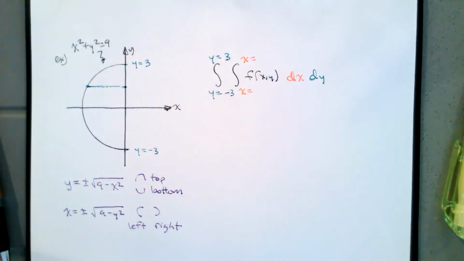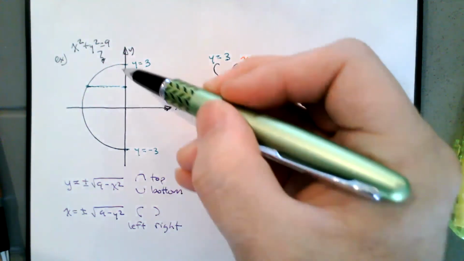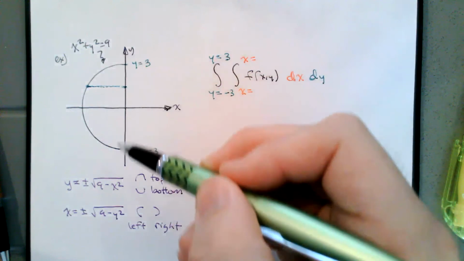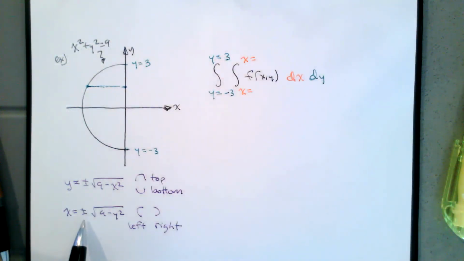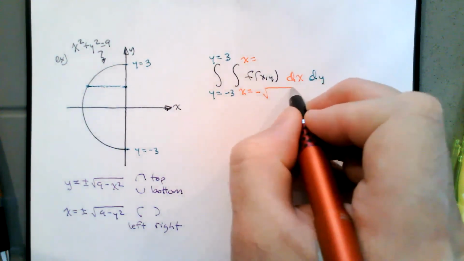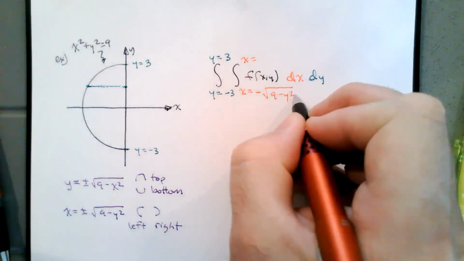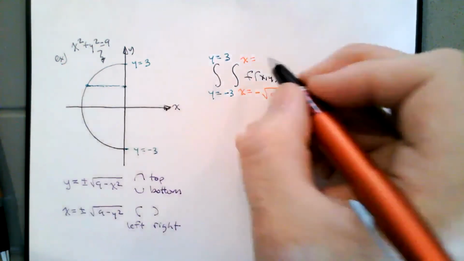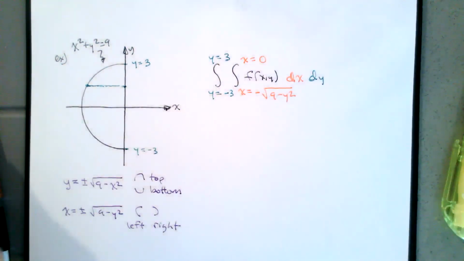The lowest x is on the circle, and for all these values of y, I can just say x is negative square root of 9 minus y squared. It's always the left part of the circle. So the lowest value of x is on the circle, negative square root of 9 minus y squared. And the largest value of x is 0.